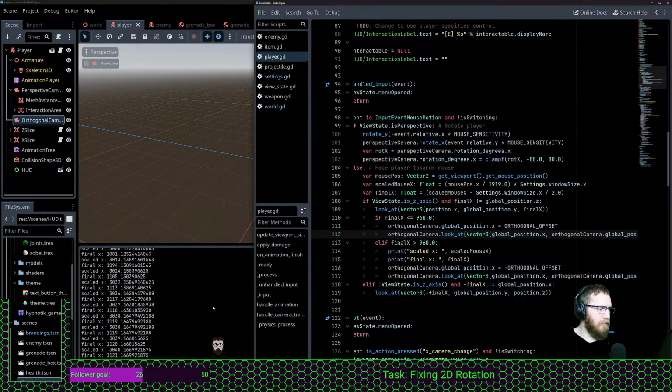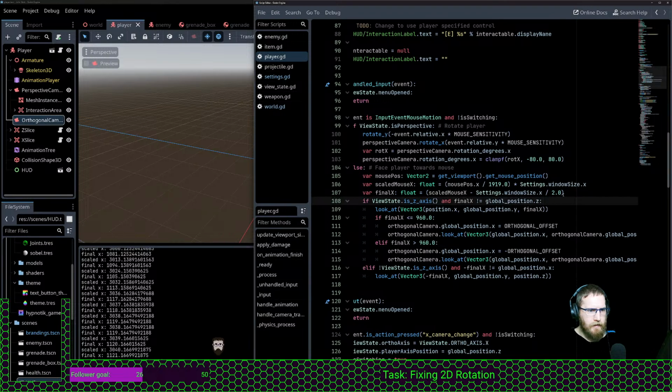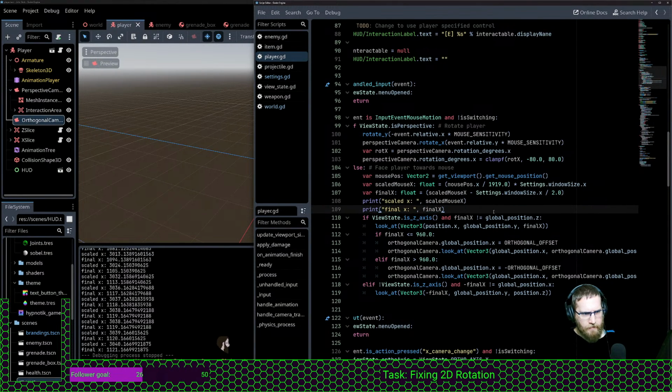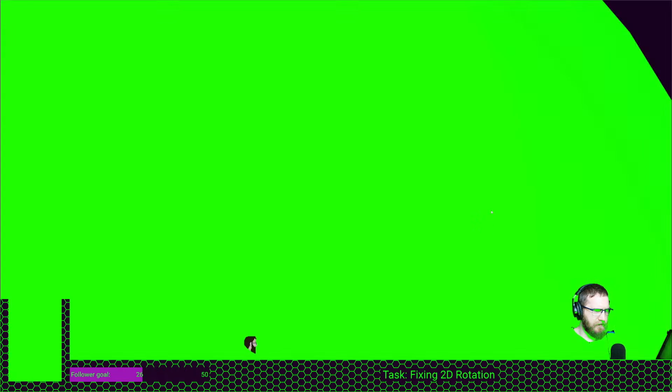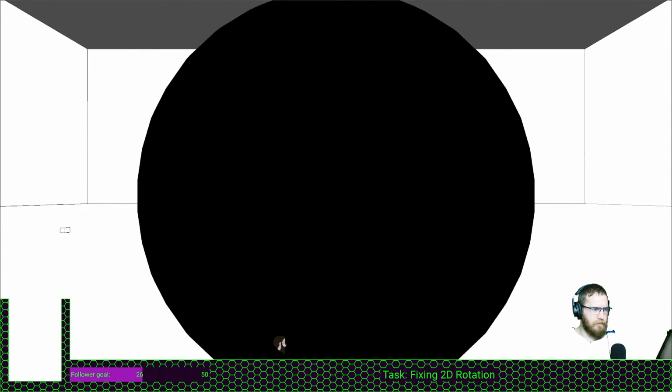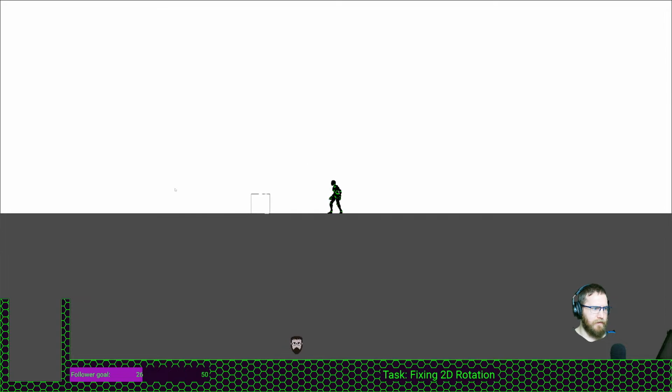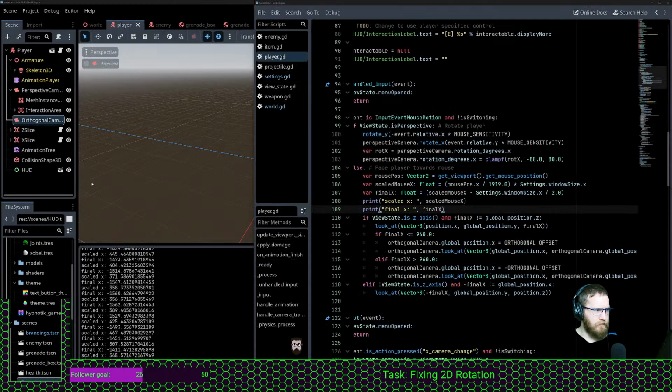Oh, actually, that final x should be going into the negative at some point. Like this side, I would expect it to be negative, which it is.